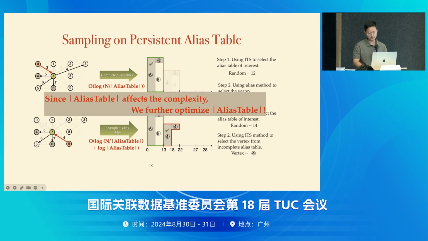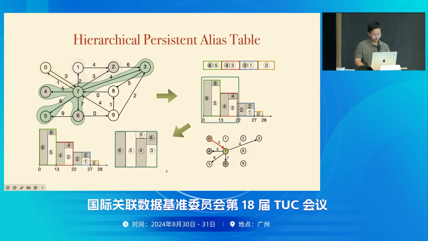Then we can further optimize the persistent Alias table to reduce the time complexity. Here we propose a hierarchical persistent Alias table. We create log D persistent Alias tables, where each chunk has a fixed size of the nth power of 2. Then we create an Alias table inside each chunk and create a prefix sum array between chunks.